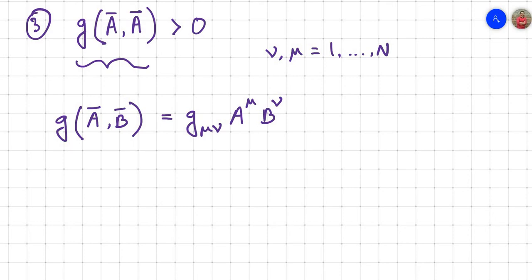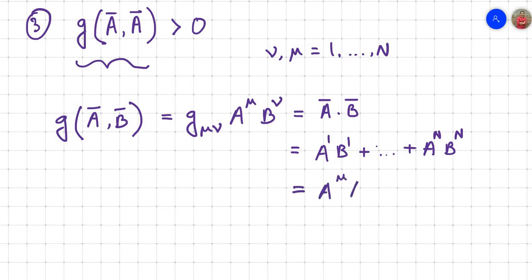If you expand it, you'll see that this, in Euclidean space, or as we say in flat space, should be a dot b. Then expanding it, we get a1 b1 plus up to an bn. This is also a mu b mu. Notice that mu and mu are contracted, as they should be by the definition of the dot product.